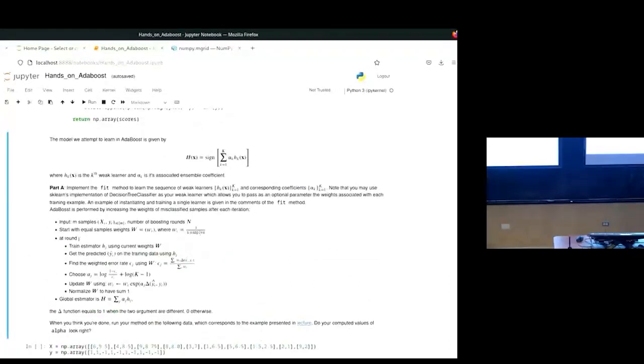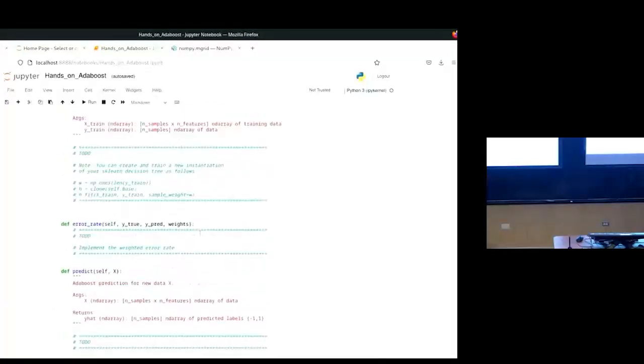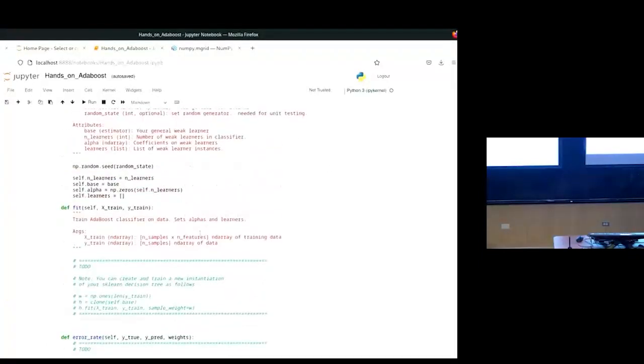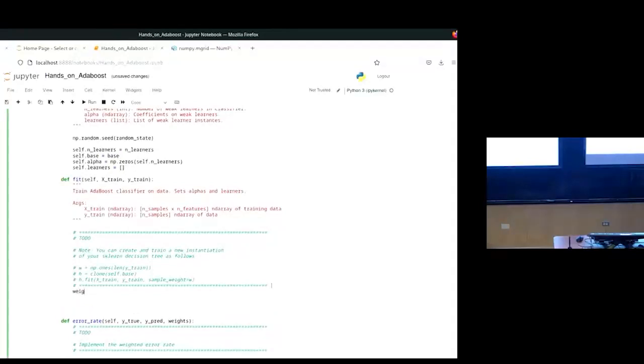So here we start with all samples being equal. We're not discriminating against any one of those, and then we're going to implement one step at a time. So let's start with the samples, and let's start with initializing our weights. So we go to the fit method. Let's start with our weights.